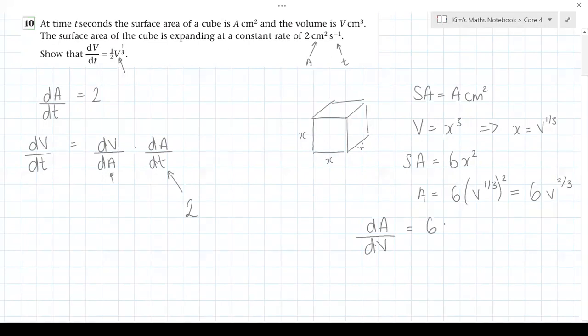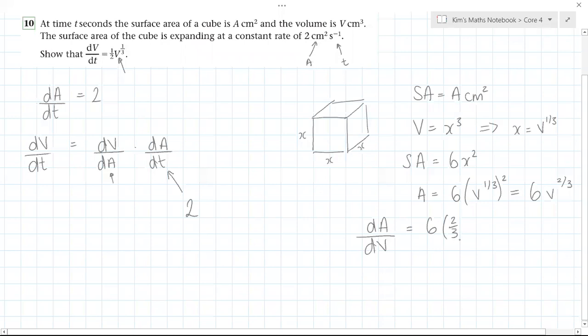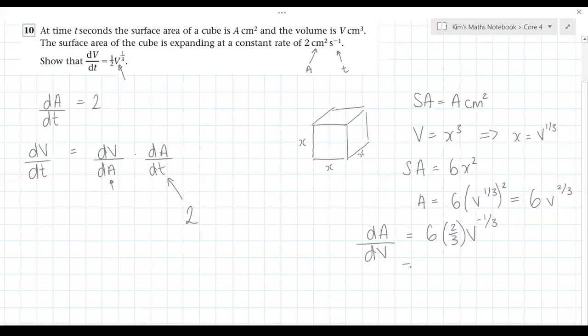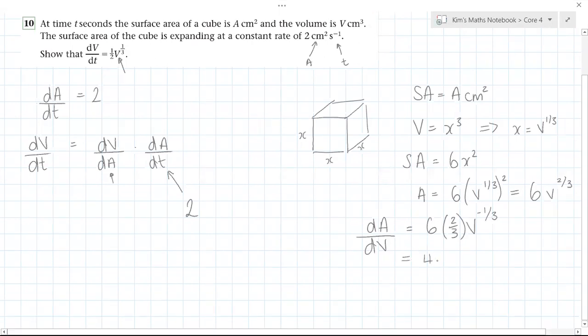So I've got 6 times, I bring the power down, V, and then I take 1 away, so I get minus a third. Simplifying that again, we get 4V to the minus a third. So that's dA/dV. That means that if I want to know dV/dA, I'm going to have 1 over all of that, which is the same as a quarter times V to the third.